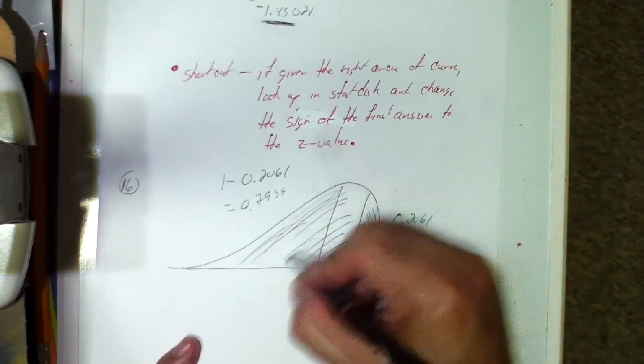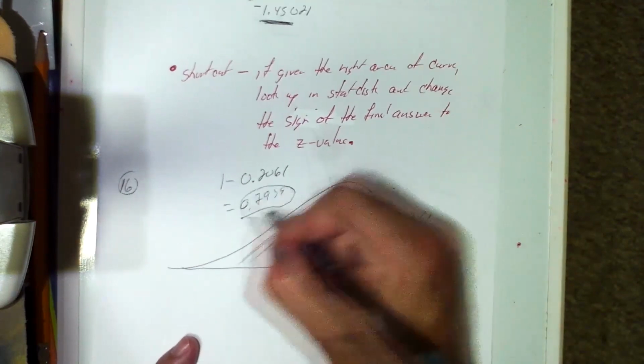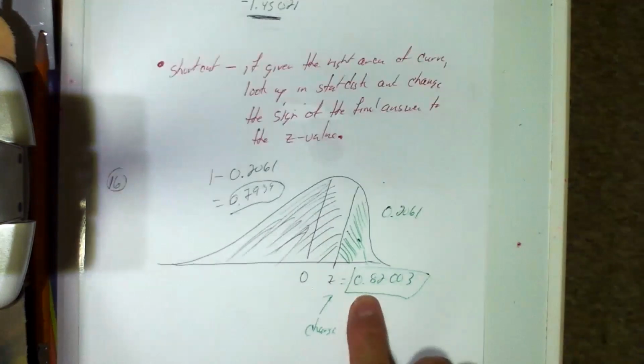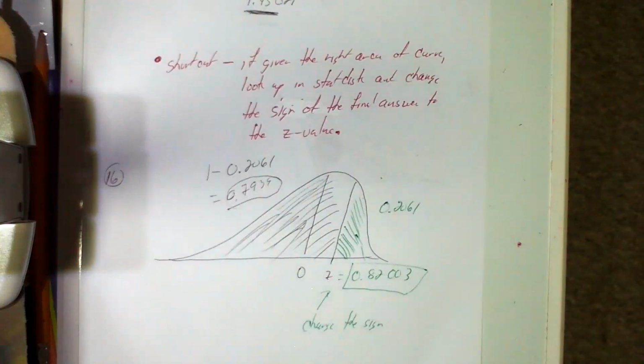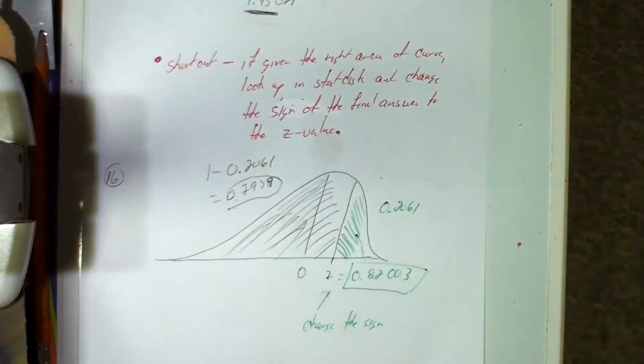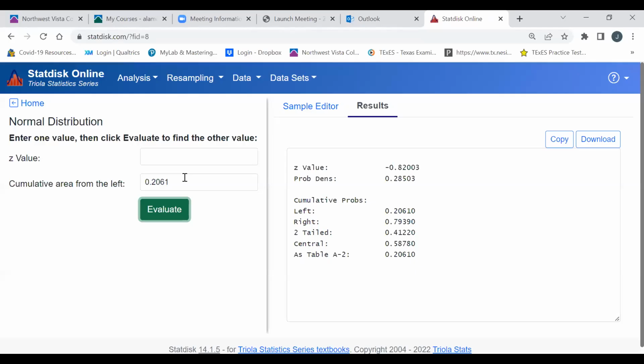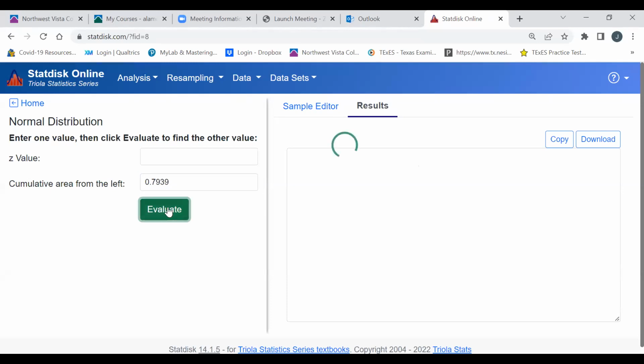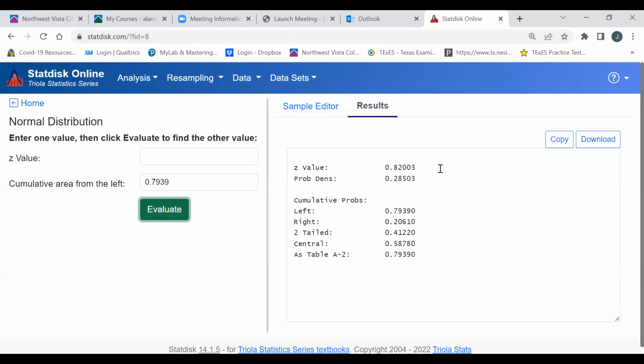You look up that number, you should get this number. Let's see if it works. 0.7939. And there it is, 0.82003. Bam! I just dropped the mic.